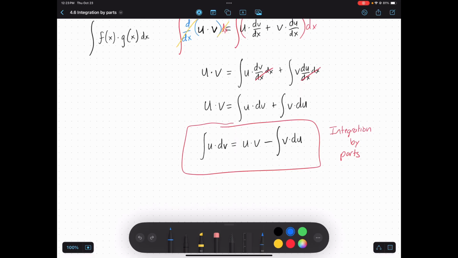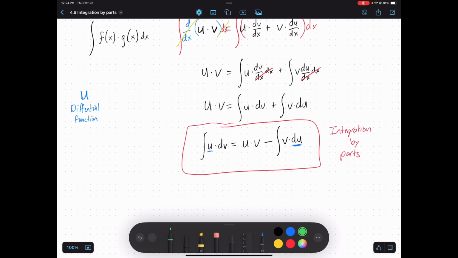So what do we notice here? Here I've switched everything in terms of u and v. And the thing to keep in mind with u and v is what I'm going to end up doing with u as I move forward. If I'm starting with a function u, in order to rewrite it using integration by parts, I need to know the derivative of u. We call u the differential function. Why? Because you're going to take the derivative of u.